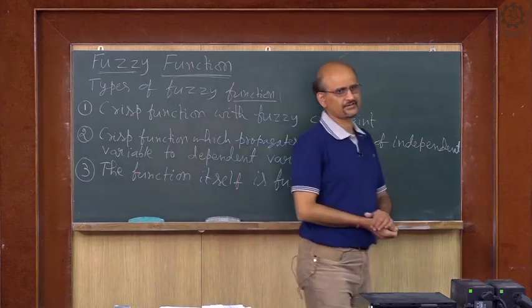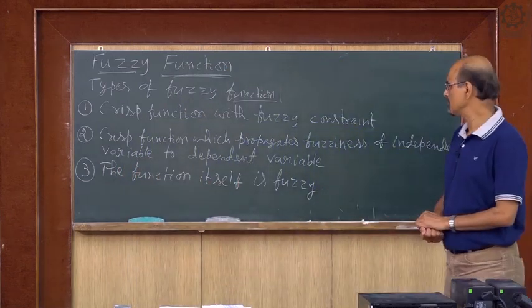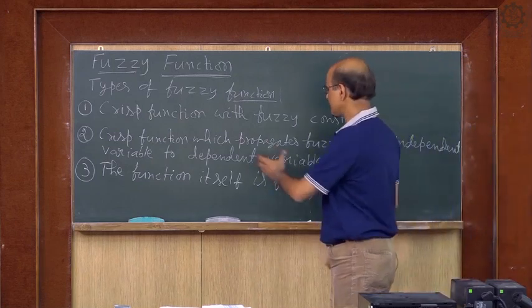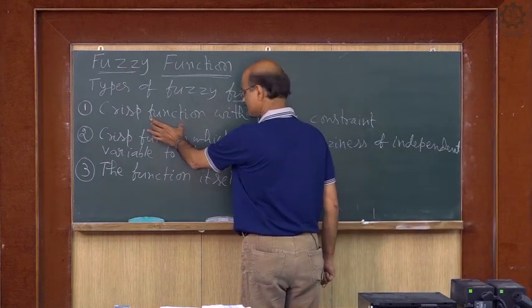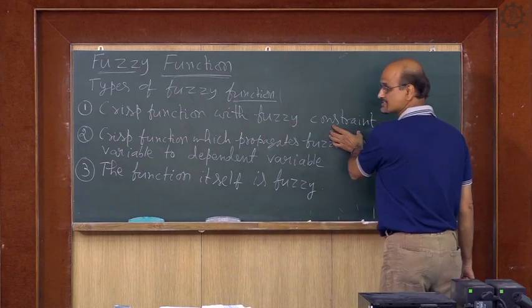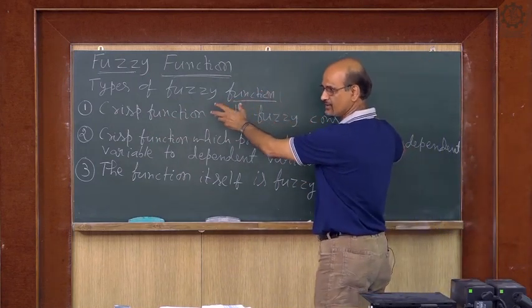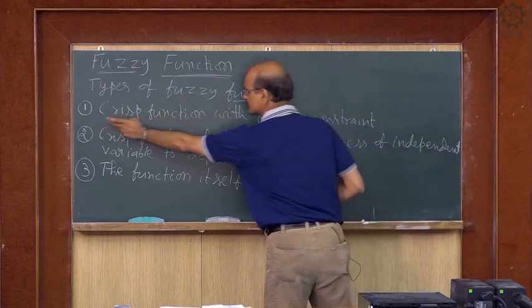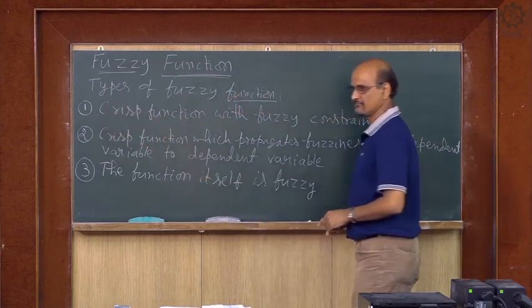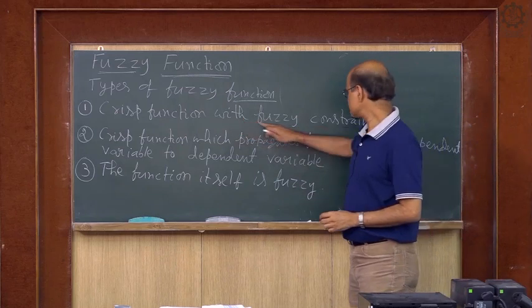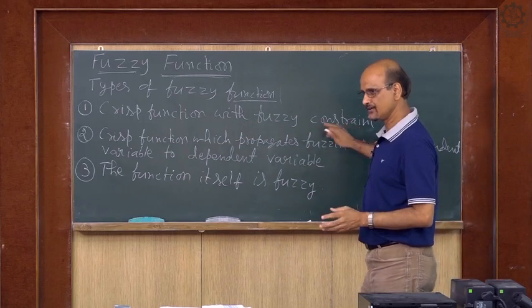So, that I already discussed. There are three types of fuzzy function. First one is crisp function with fuzzy constant. That means your domain and codomain is having some constant. Okay. That if that is satisfied, then it comes to case 1, type 1. Crisp function with fuzzy constant. Right.